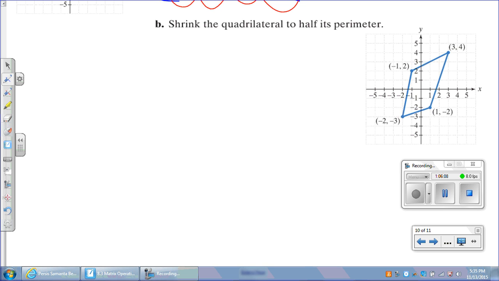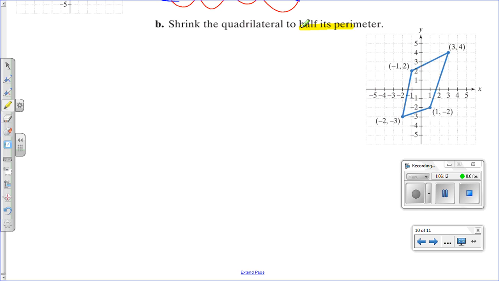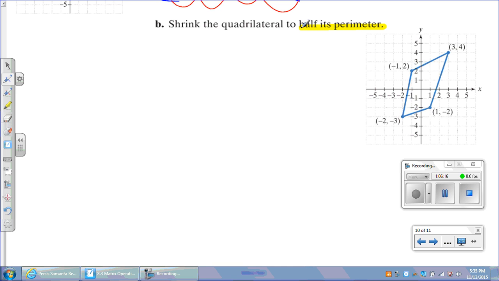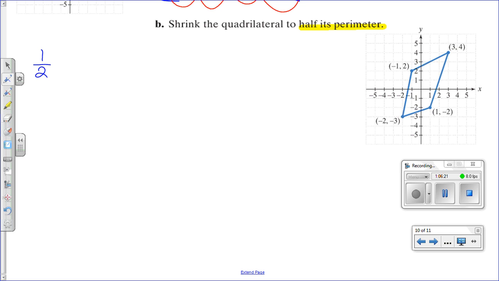Now, we're going to shrink the quadrilateral to half its perimeter. And I think you might be thinking what we're going to do: multiply everything by the scalar 1/2. So the original matrix was -2, -3, that's the first point, -1, 2, 3, 4, 1, -2.